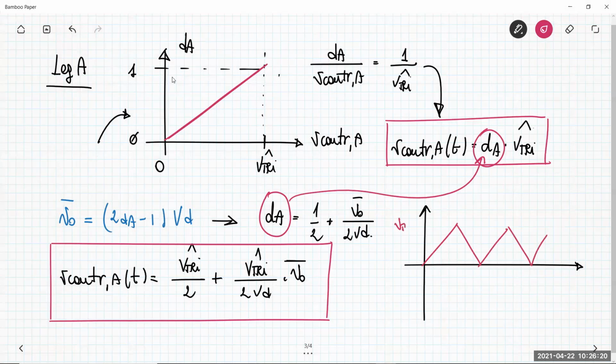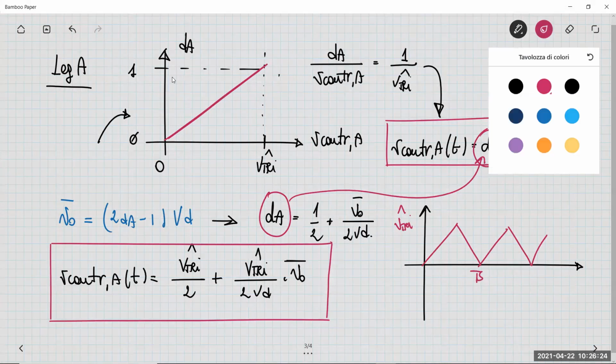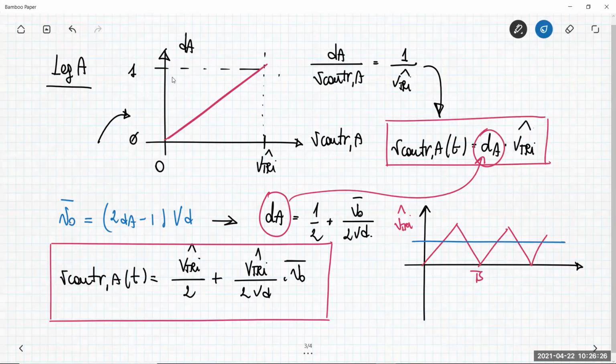The peak value is here, Ts is the period, and then you have a control voltage. And the unitary switching function QA is obtained by the comparison of these two signals in order to get a 1 when the control voltage is higher than the triangular voltage.